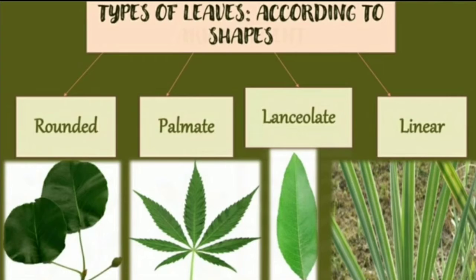So therefore the name is lanceolate. Then next is linear. It means a leaf that is not divided into parts. So these are the types of leaves according to the shapes. Understood, children?